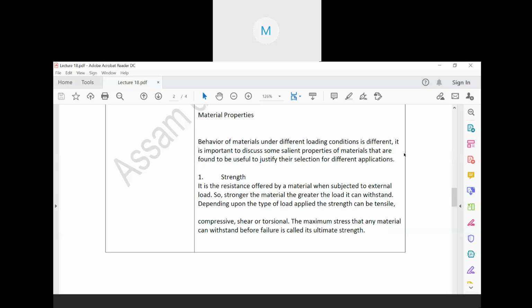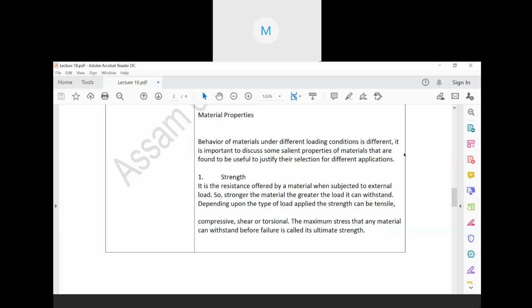Then that material will resist its deformation or distortion. This is known as strength. Now, depending upon the type of load, the strength can be tensile, compressive, shear, or torsional.